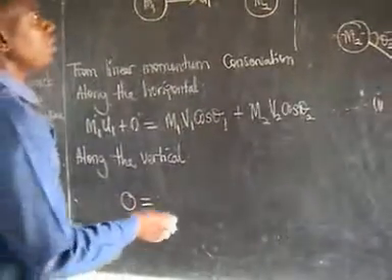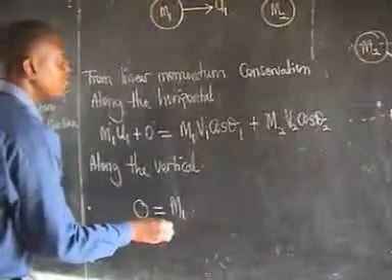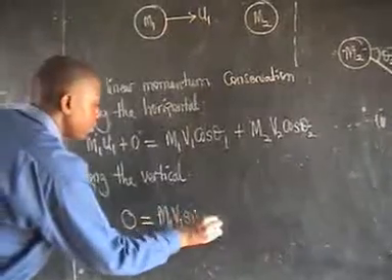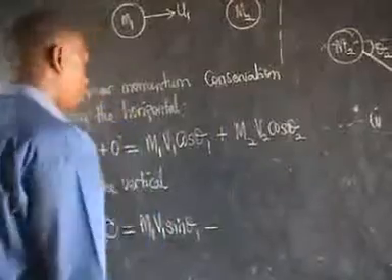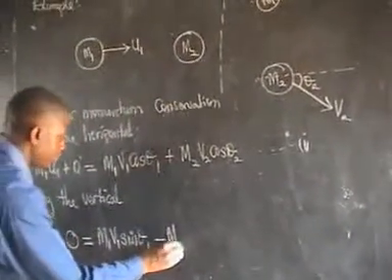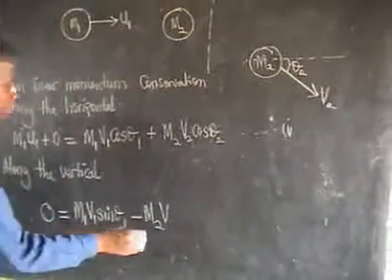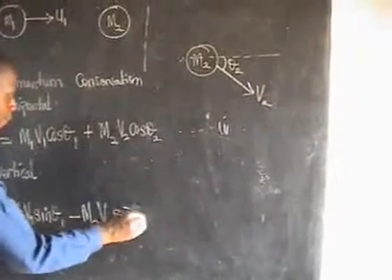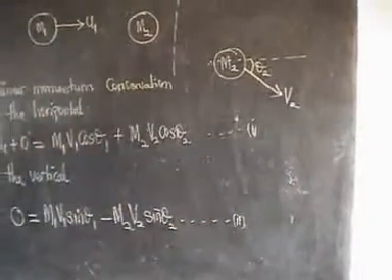Now after collision, we shall have m1 v1 sine theta 1, then minus, because of this component moving in the negative direction, m2 v2 sine theta 2. So that is our second equation.